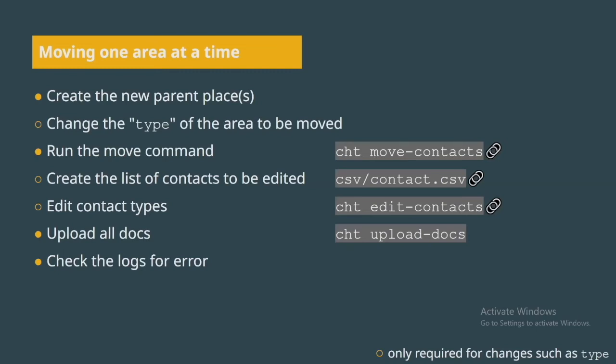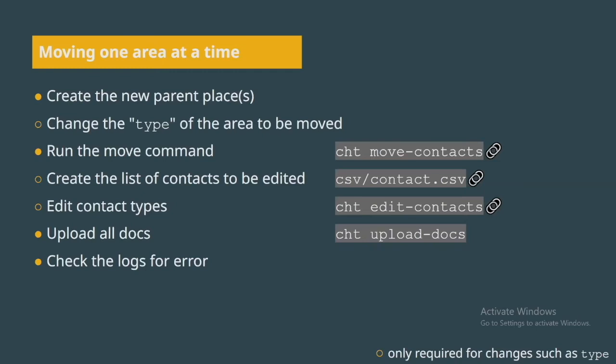And actually, when we are doing this move, we're also editing the metadata, which is used to identify the contact type, to move from the default hierarchy, the old hierarchy, to the new hierarchy. And we also modified the type. So in the second step, the type of the area to be moved was changed.